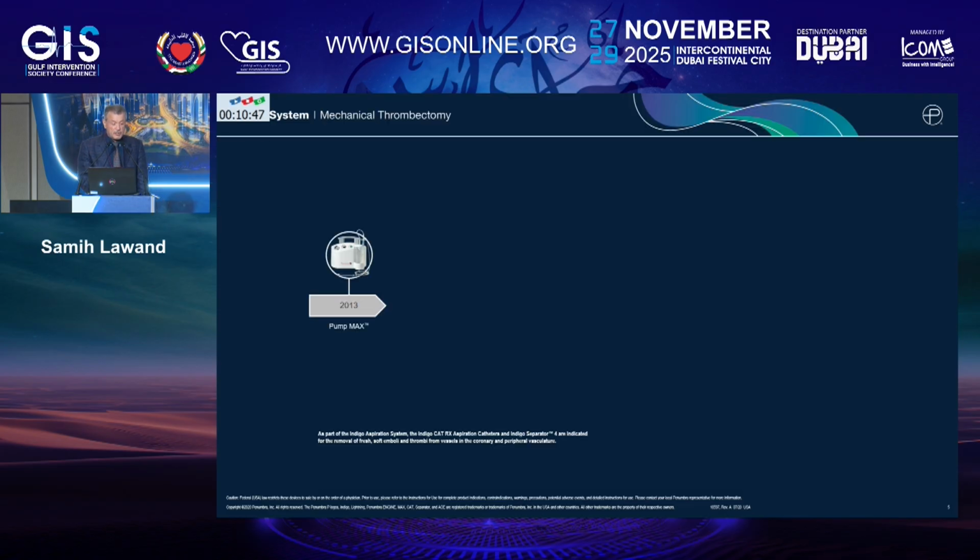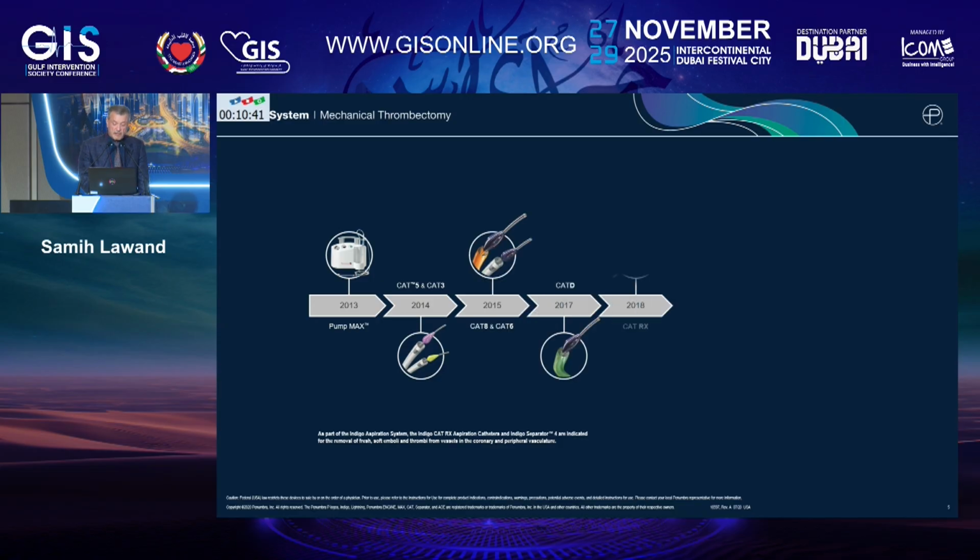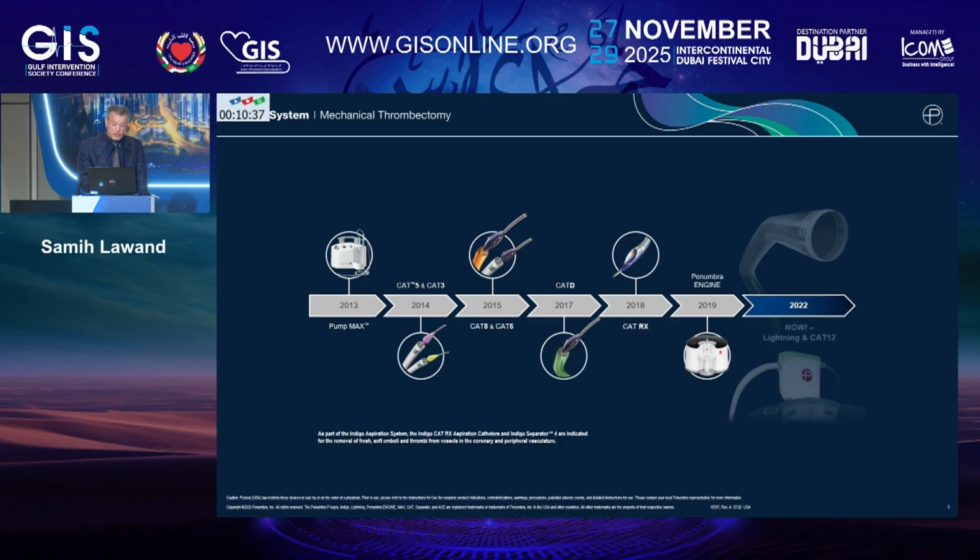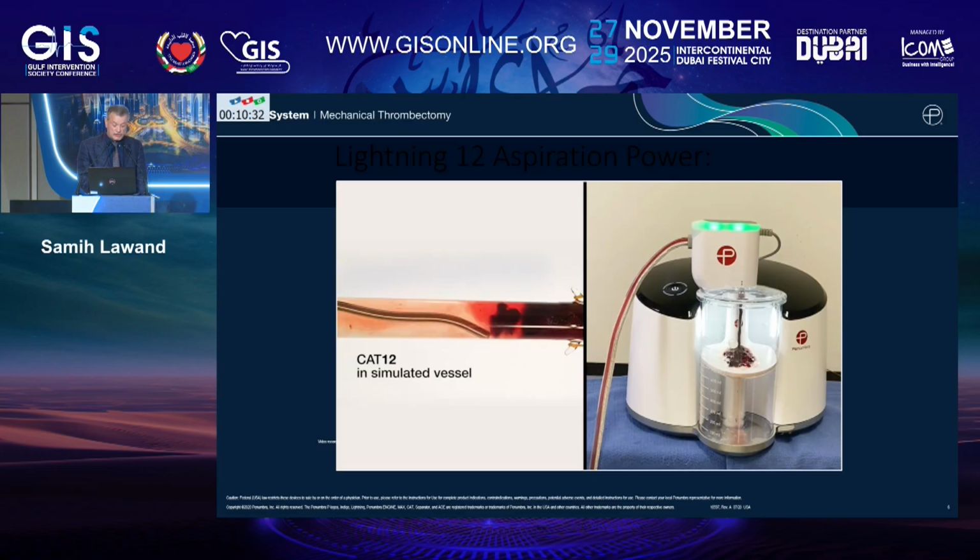Now, the technology started in 2013, 2014 with the catheter-based thrombectomy device, which has eventually used a computerized system, and that resulted in the currently used system.